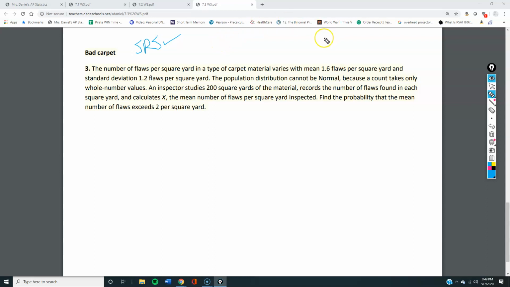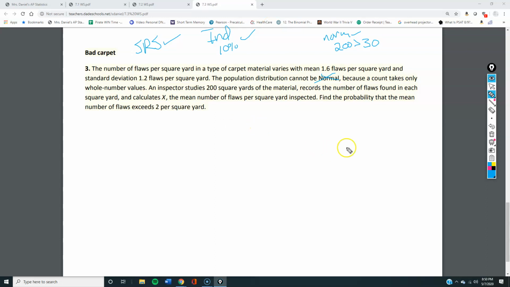Yeah, because the population doesn't have to be normal for the sample to be normal, because 200 is bigger than 30, central limit theorem. Is it independent? Does 10% pass? Yeah, it does, because there's so many carpet squares.